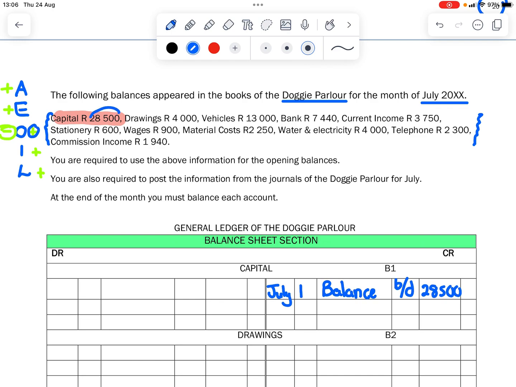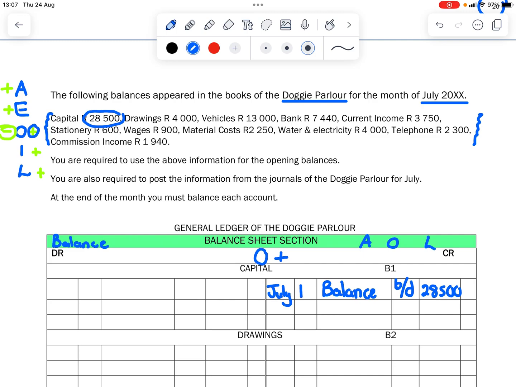That is the balance that they give us over here. Again, Capital is an owner's equity account, increasing on the credit side. There's a couple of things that we need to remember. In the balance sheet section, we work with balances. Remember that it's only assets, owner's equity, and liabilities that take place over there.